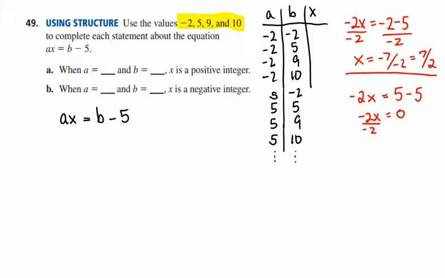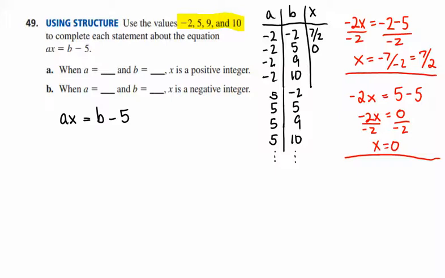We divide by -2. And anything 0 divided by anything is 0. And so again, it is an integer in this case, but it's not positive. It would have to be greater than 0. So in the first example, we had a positive value, but it wasn't an integer. In the second case, we had an integer, but it wasn't positive.